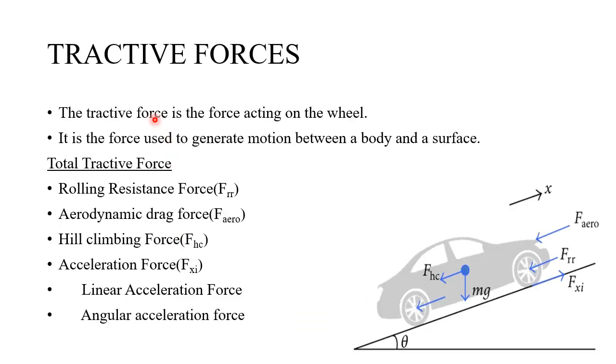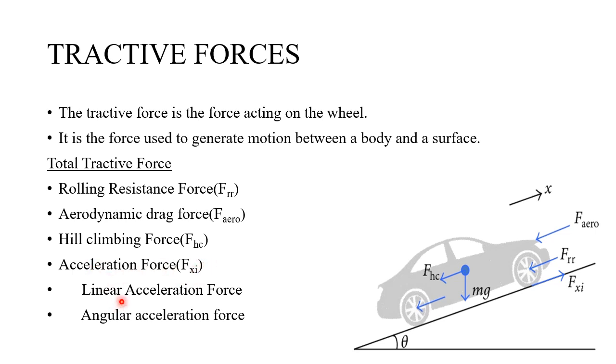Tractive force is defined as the force acting on the wheels of the vehicle, and it is the force used to generate motion between the body and the surface. The total tractive force includes rolling resistance force, denoted by F_RR, aerodynamic drag force, F_AERO, hill climbing force, F_HC, and acceleration force, F_ξ.